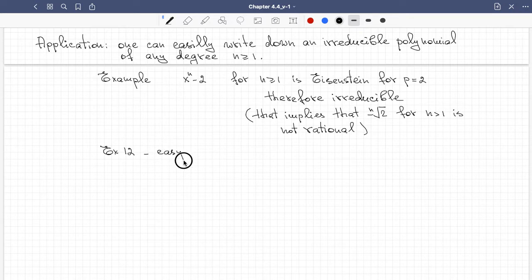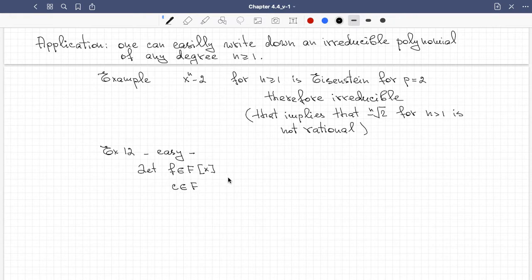I will not do it now, which tells you that, let f be a polynomial with coefficients in any field, and let c be an element of the field.